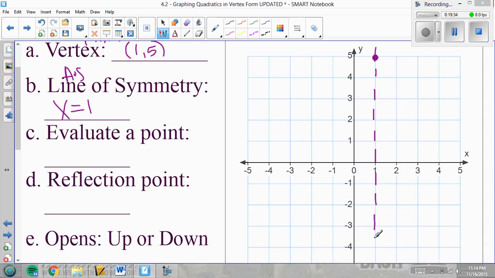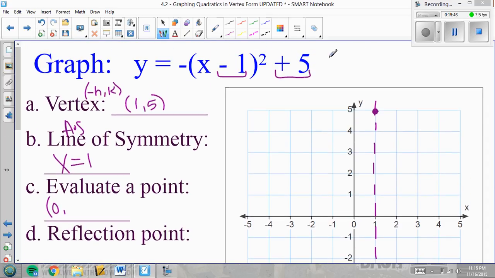Okay, and to evaluate a point, remember, you're picking a number that's close to your x. So I'm going to use 0. Again, if you use a different number, that's fine. So if I know x is 0, I want to plug that in. Following my order of operations, parentheses first, so 0 minus 1 is negative 1, squared, which is 1.